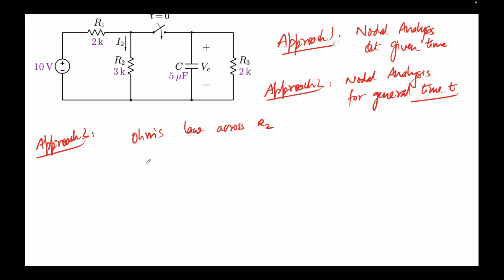Ohm's law will say the voltage drop across R2, which is VC minus 0, treating this as a reference, is equal to I R, which should be equal to I2 times R2. So I2 will simply come out to be VC over R2, and this is a function of time.